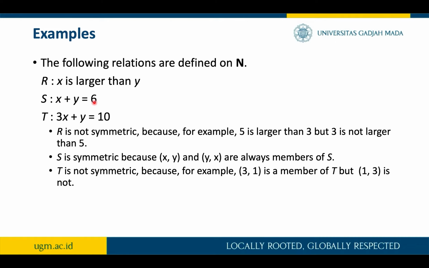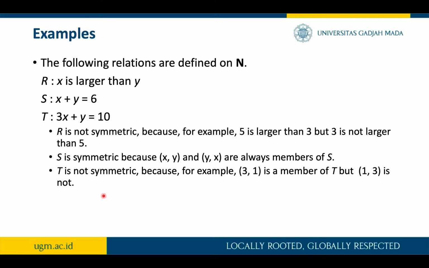The second relation, S, is symmetric, because if x plus y equals 6, then y plus x equals 6 as well. So (x, y) and (y, x) are always members of S, no matter what the values of x and y are.